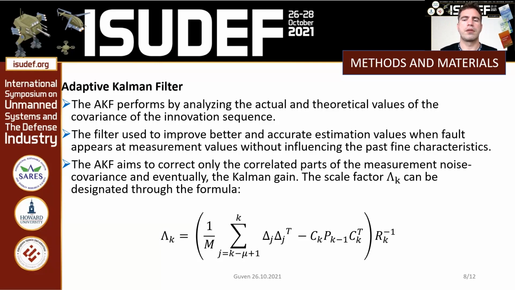This filter has a scale factor. It does its job by distinguishing the actual and theoretical values of the covariance of the innovation sequence.